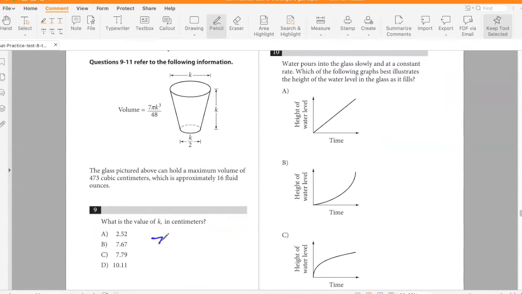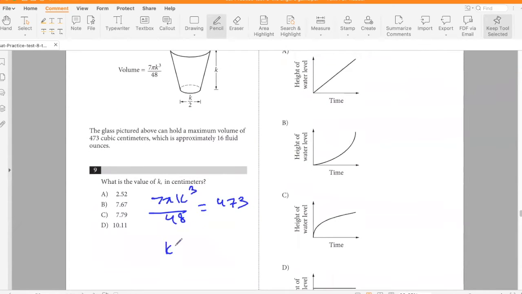So we can say 7 pi K cubed divided by 48 is 473. So K cubed is 473 times 48 by 7 pi. Let's plug that in. So that comes to K equal to 10.1. So D.